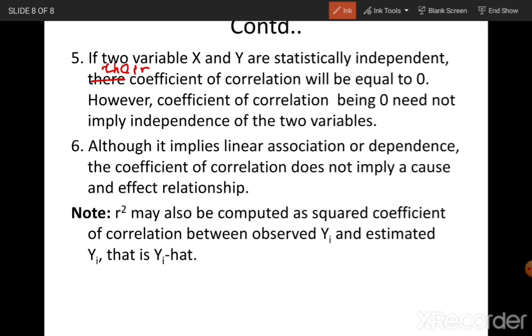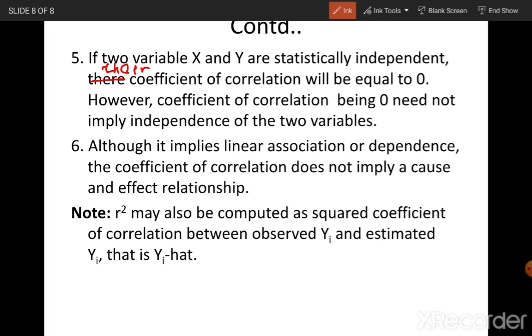If you want an example, something like a relation y equals x square. In this relation, y and x are very much related to each other, but the relationship is not linear. And my variable r, or the coefficient of correlation, can only detect and measure linear association.